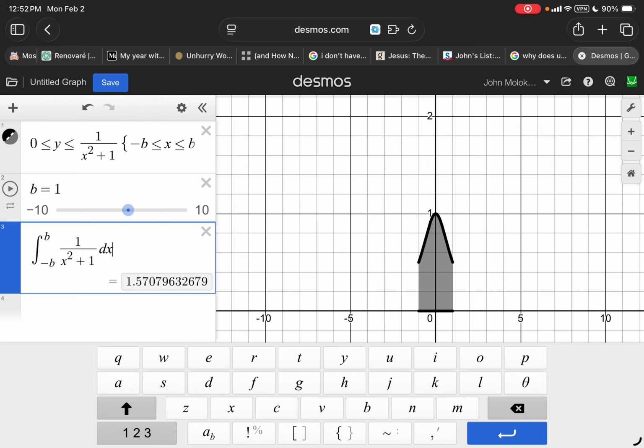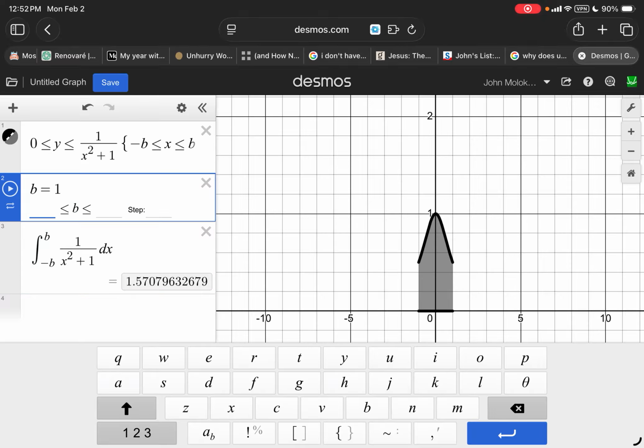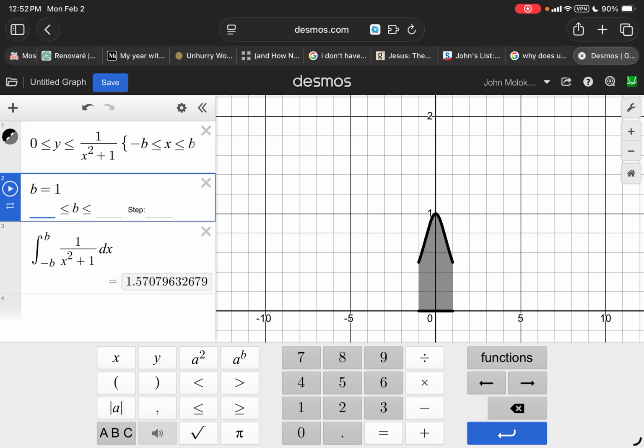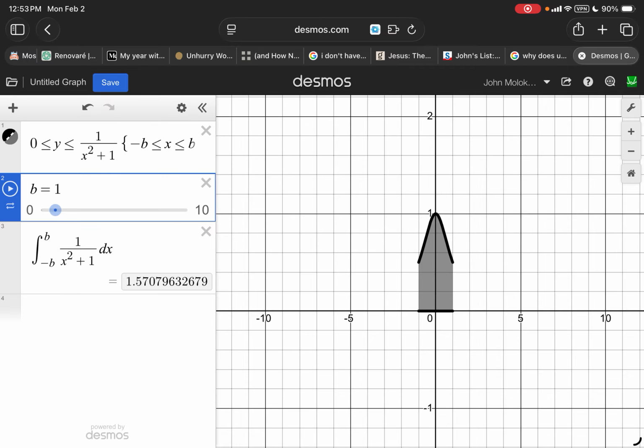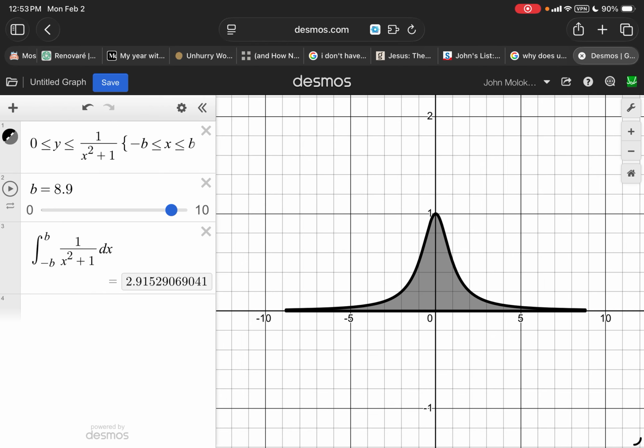Okay, so what if we make this, and it doesn't make sense for the integral to be going from negative 0 to 0 or whatever, but we'll just stop there and we'll go up to 10, see what happens. Okay, so the integral from negative 1 to 1 looks like this. The more area we get, the answer to this integral has a limit to it. You would think that it gets infinitely large, but it doesn't get that big.